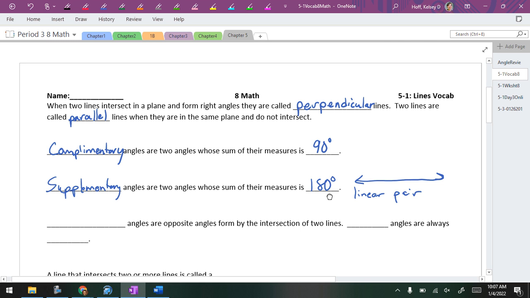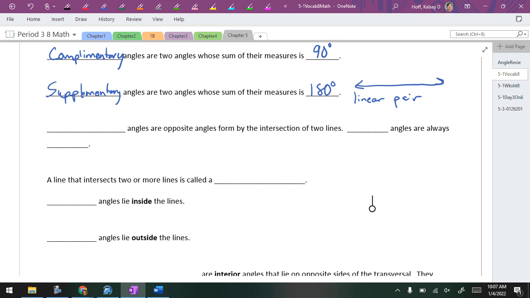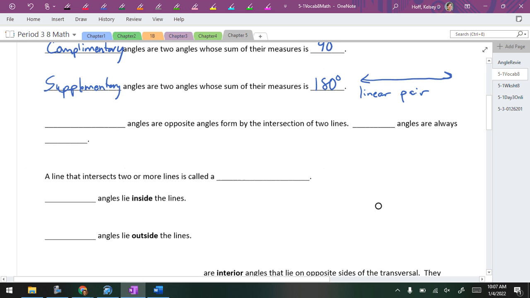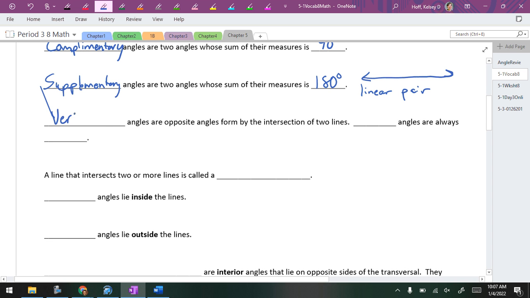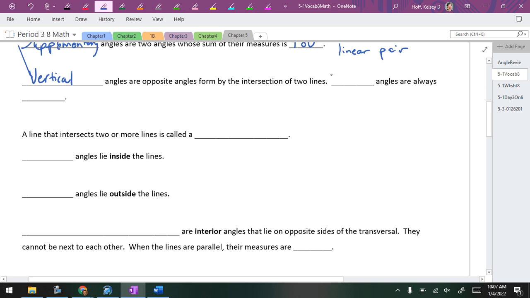All right, this is something else that you've probably heard of, but we haven't used yet this year. Vertical angles. Vertical angles are opposite angles formed by the intersection of two lines. Vertical angles are always equal.